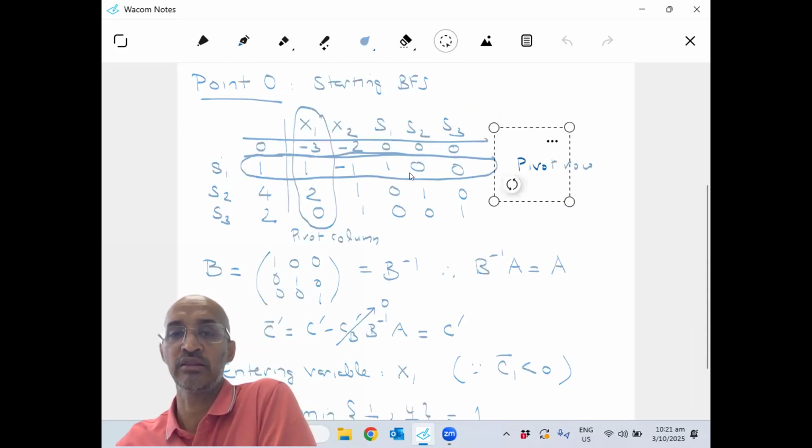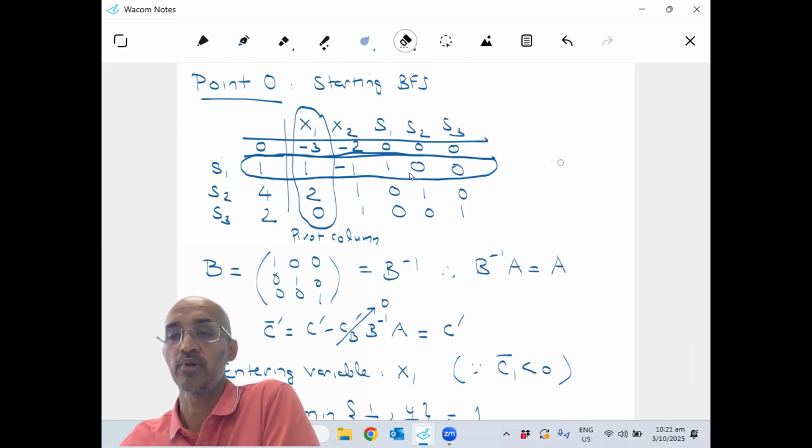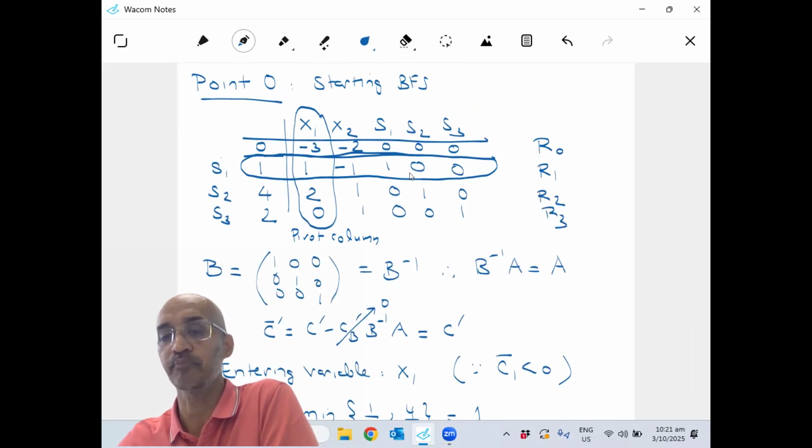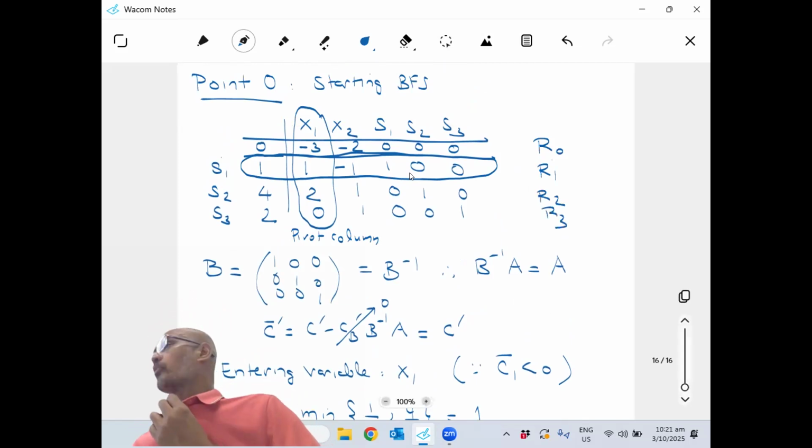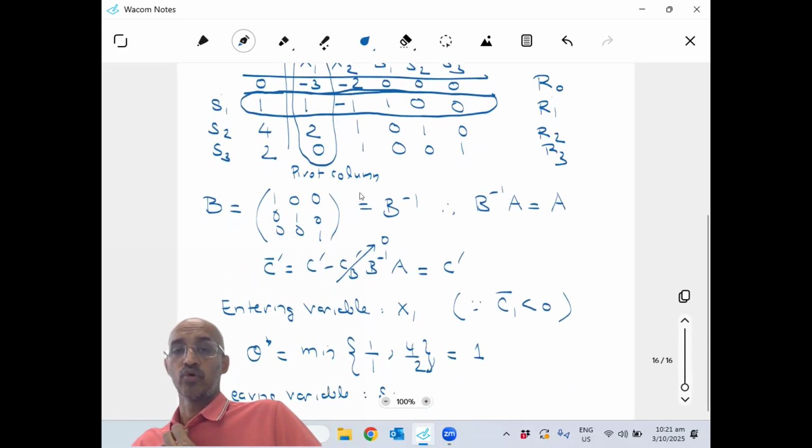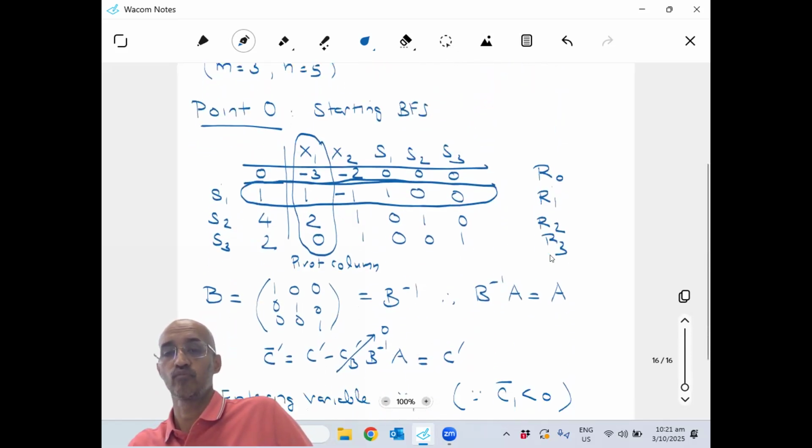So let me just number these rows. Let's say this is row 0, row 1, row 2, and row 3. I need to do all my row operations using row 1. So how do I do this?